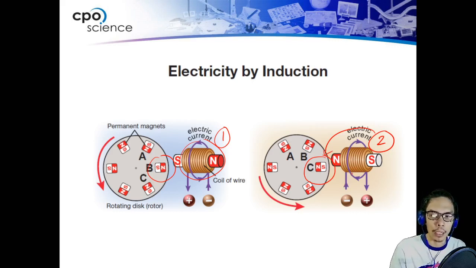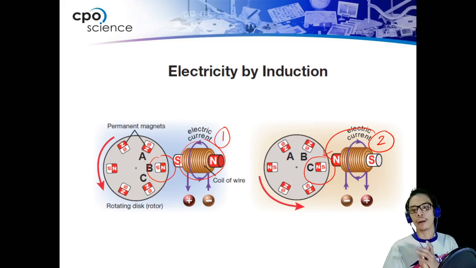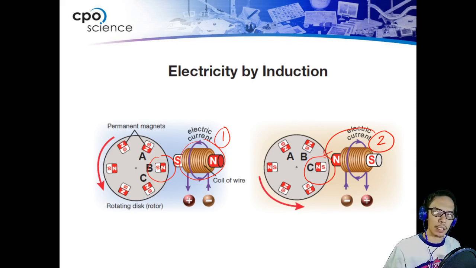So meaning to say, these two poles of your magnet, the north and south respectively, create a current with two different directions in a loop of wire. That is one thing that is produced in electromagnetic induction.